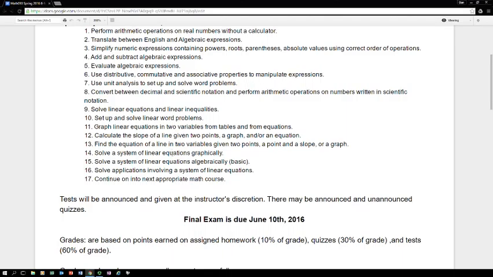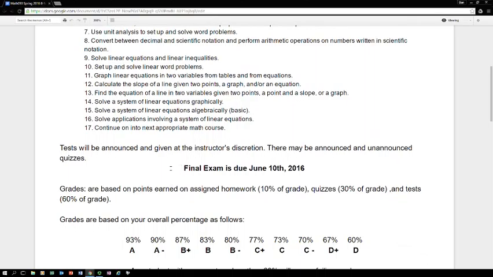Then in chapter 8 the part we go through is systems, which is really like having two linear equations, and we work on solutions for that. That will take about the whole quarter. Tests will be announced and given at my discretion.